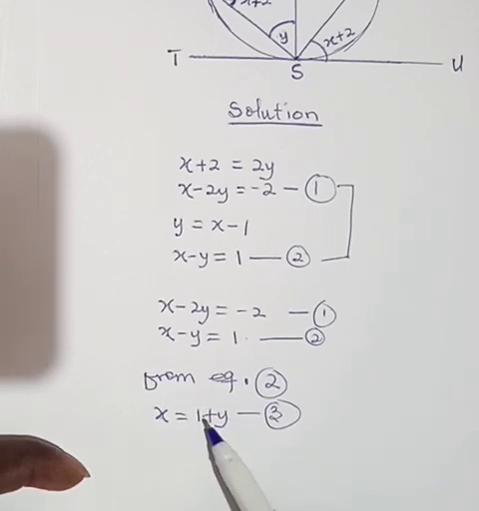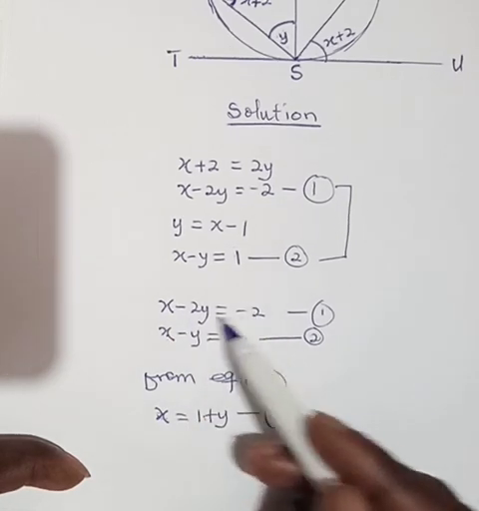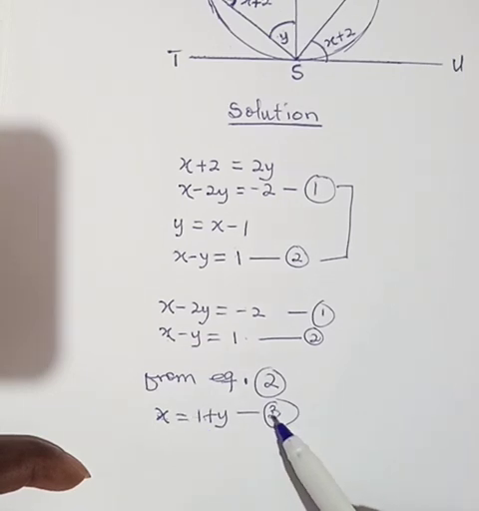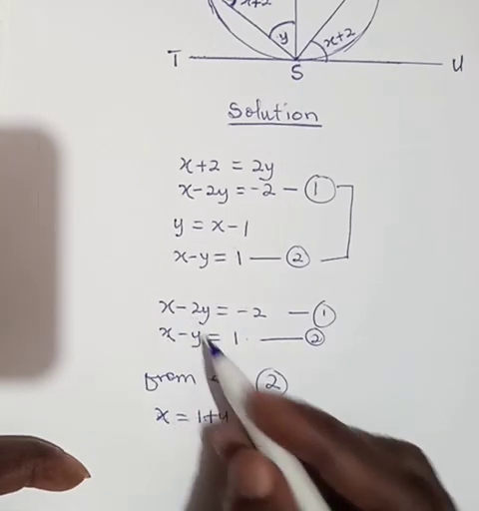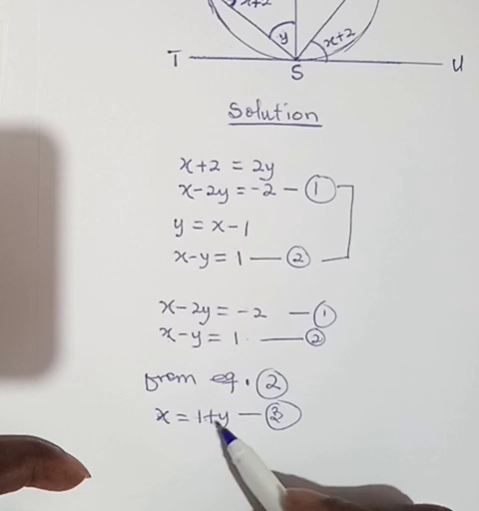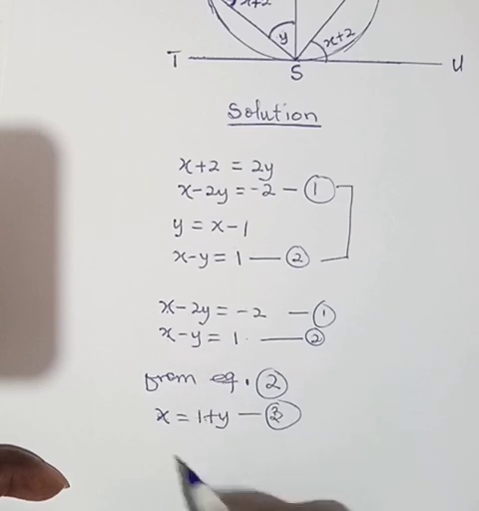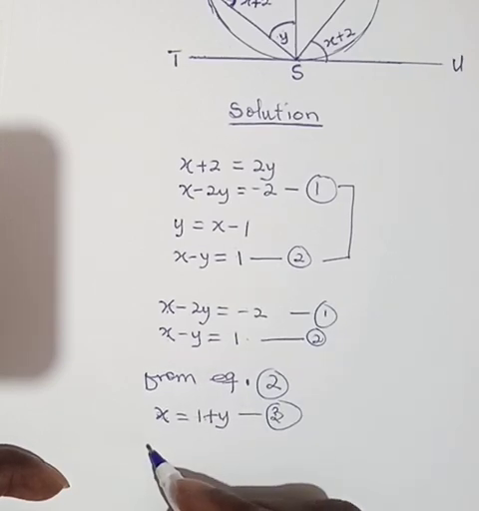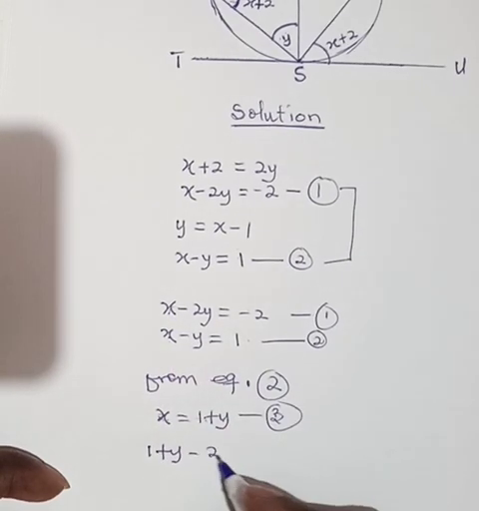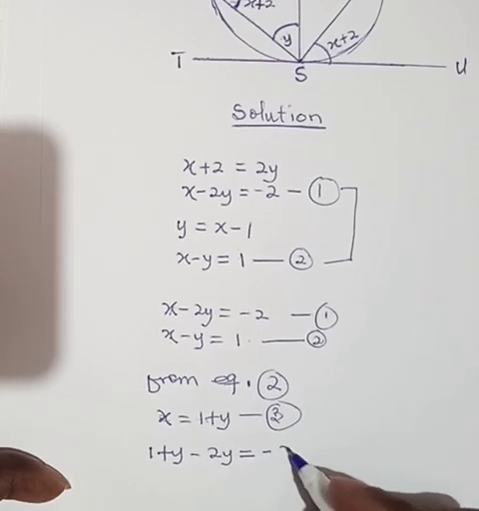Once I have this equation, then I can substitute equation 3 into equation 1. It means that wherever I see x, I'm going to put the whole equation there. So this is equation 1. I'm going to replace x by 1 plus y. So I'll write 1 plus y, then minus 2y, which is equal to negative 2.